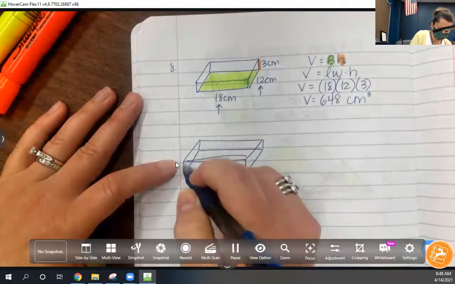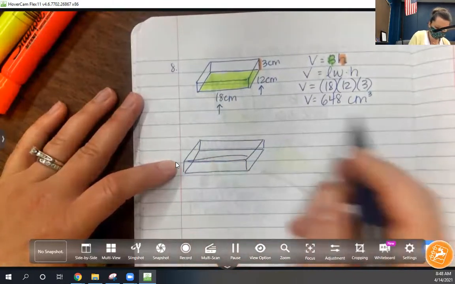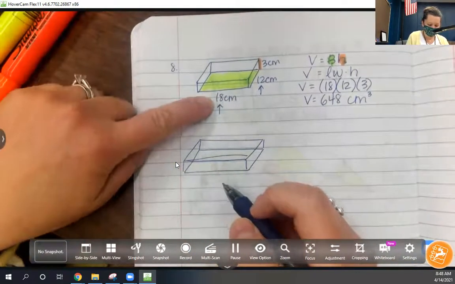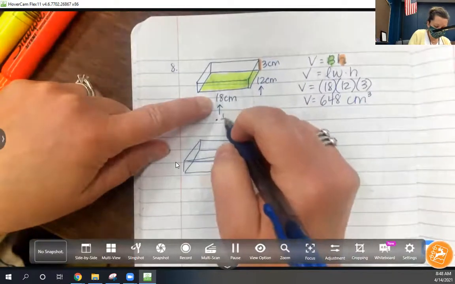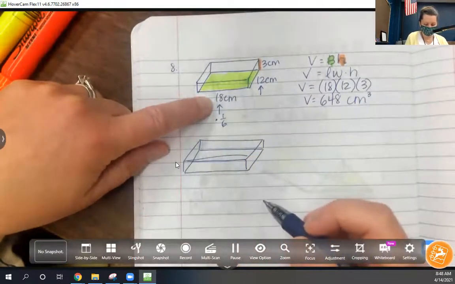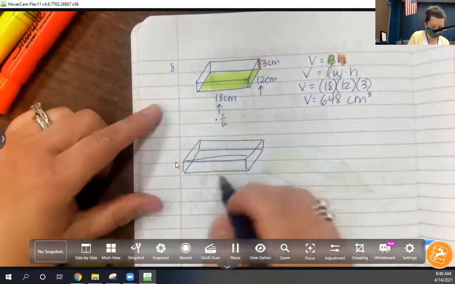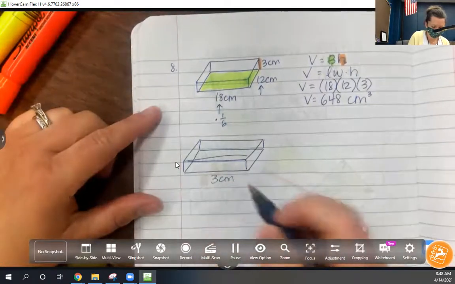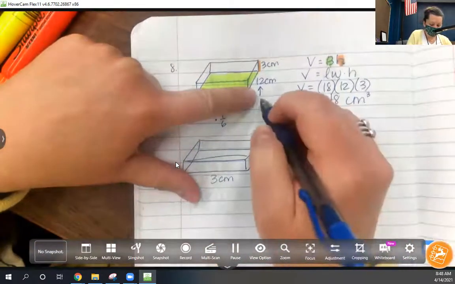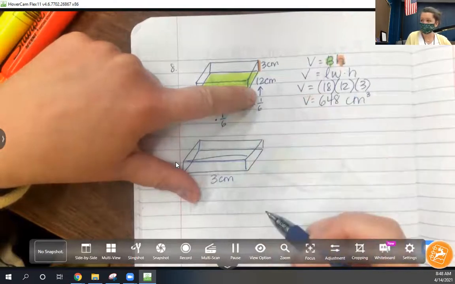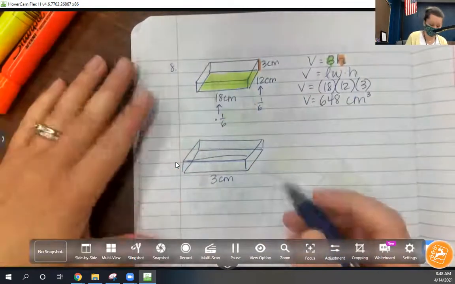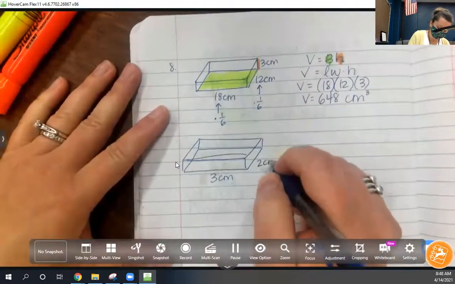We can start a little bit fresh. So let's see. This is 18. If I multiply it by 1/6, it's really dividing by 6, right? So it turns into 3 centimeters. If I multiply 12 times 1/6, it's really dividing by 6, so I get a 2.